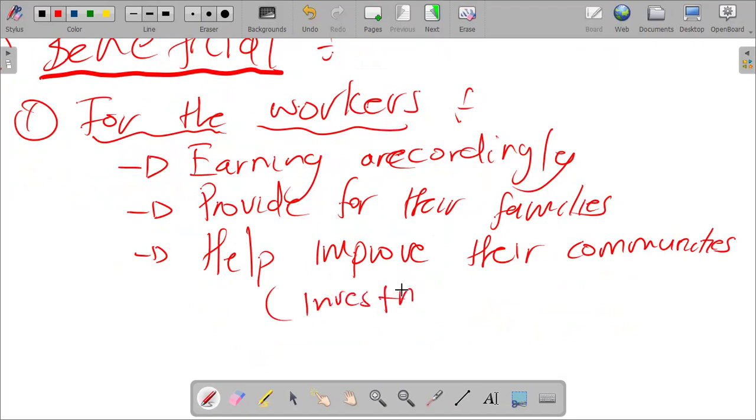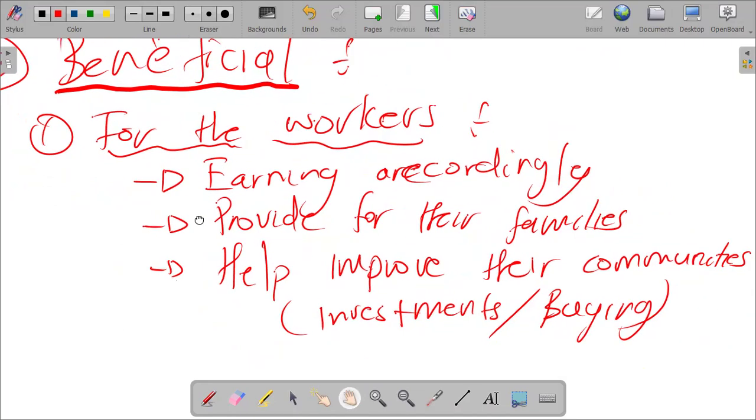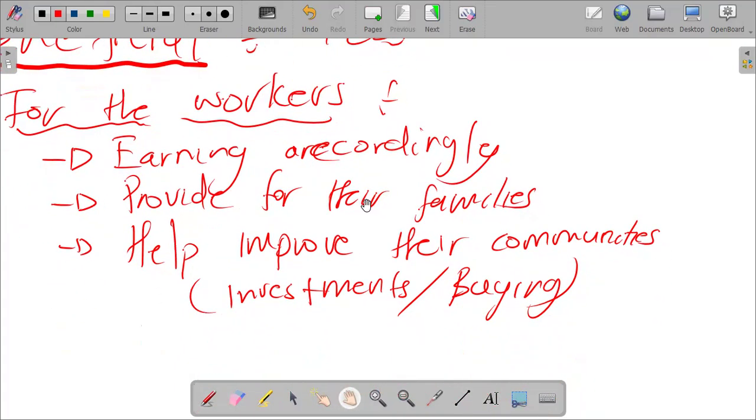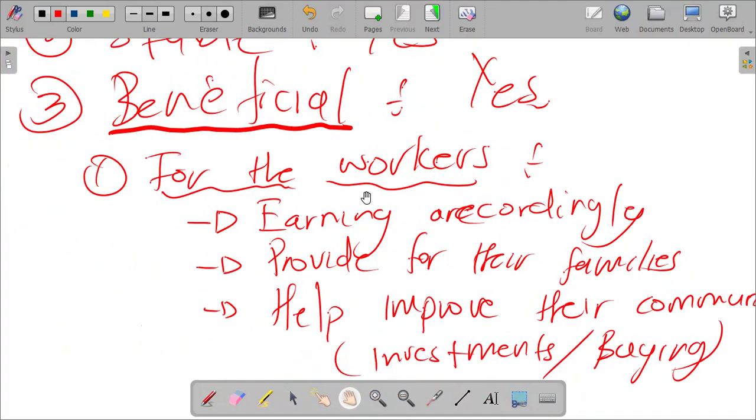Investments or buying within. So if we ask ourselves again the question, is it beneficial for the workers? Yes, it is. Because why? They earn as much money as to one, provide for their families, number two, improve their communities. So is it beneficial for the workers? Yes.